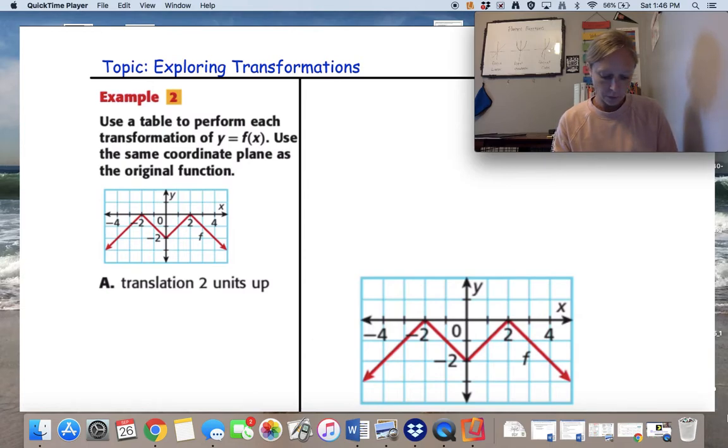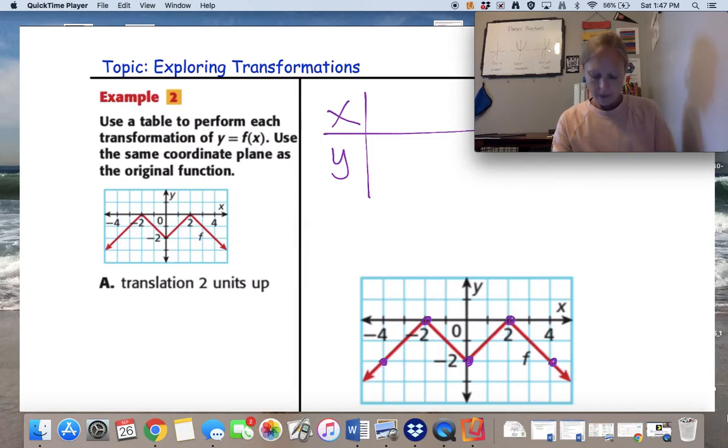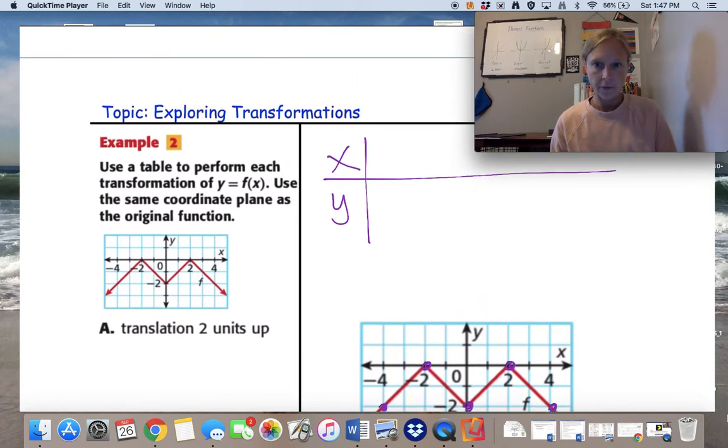So I'm going to put those points into a table. And I don't need to label all of them, but I do need to label some key points here. I think if I have these 5 points, that'll give me a clear picture of my graph.